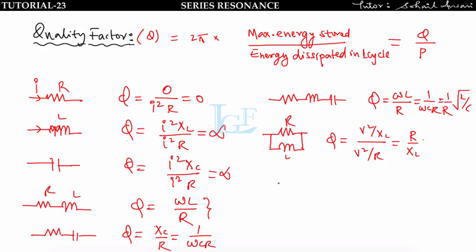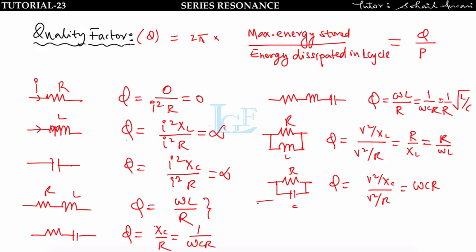For the parallel RC circuit, the quality factor is V square upon XC upon V square upon R, that is equal to omega CR. The quality factor of the parallel RC circuit is exactly the opposite of that of the series RC circuit.